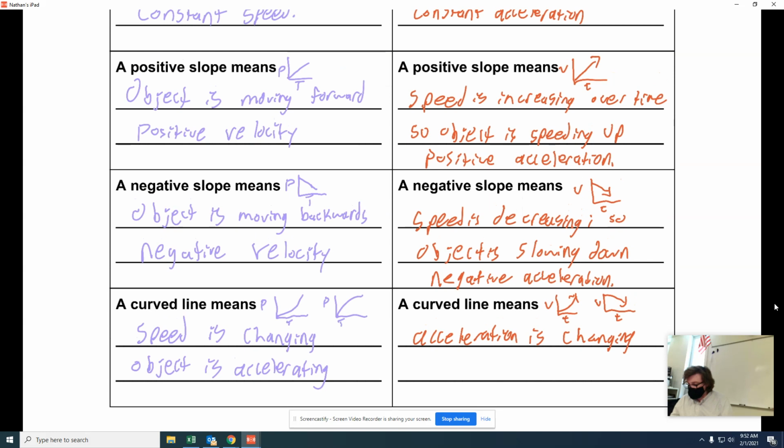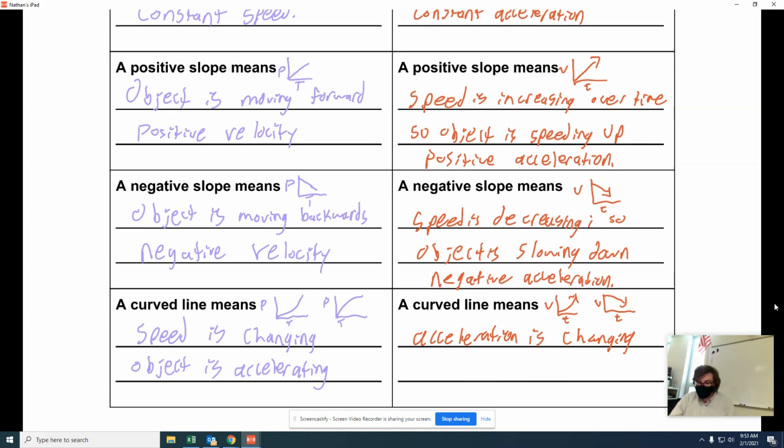Once you get to this point, you are done with the notes over acceleration, and I want you to turn to the next page where you're going to sketch a couple different graphs. These sketches don't have to be anything too crazy, so they can kind of look like the sketches that I've done here.